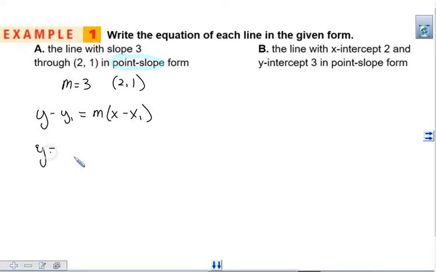So y minus our y value, which is 1, equals our slope of 3, parentheses x minus our x value, which is 2. And that is our answer, because it asked for the equation in point-slope form.